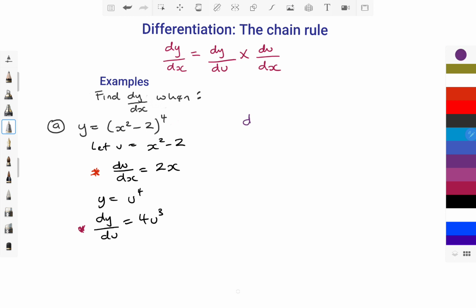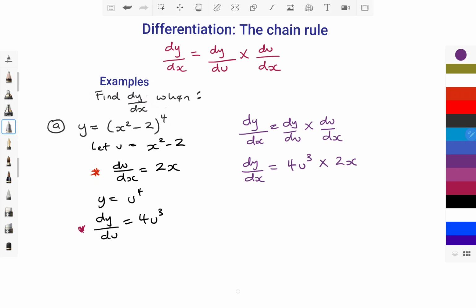We know that our chain rule is dy/dx equals dy/du times du/dx. Therefore, we have dy/dx equals dy/du, which is 4u cubed, times du/dx, which is 2x.